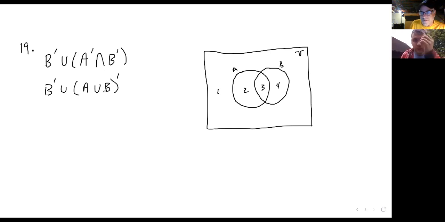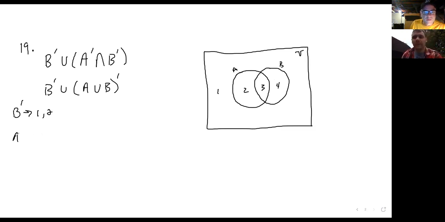This takes 2 steps. So just being a little more efficient. All right. Now I can figure out what B complement is. It's everything outside of B, so it's going to comprise regions 1 and 2. And so I'll just put B complement is regions 1 and 2.